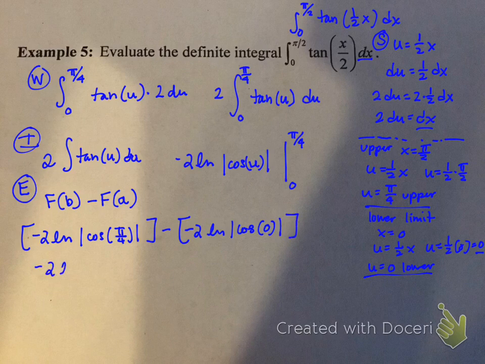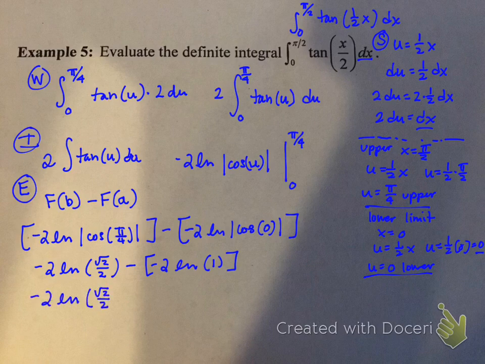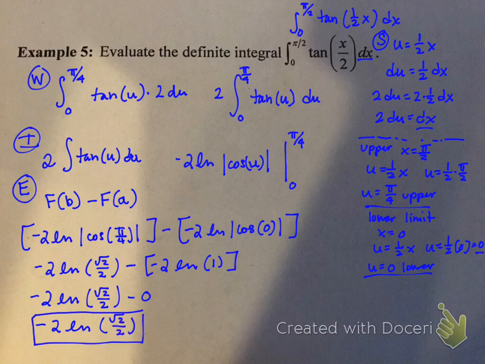This is negative 2 ln, and cosine at pi over 4 is radical 2 over 2. Then we subtract negative 2 times ln of cosine at 0. Cosine at 0 is 1, and ln of 1, remember, equals 0. So I get negative 2 ln of radical 2 over 2 minus 0. So we have negative 2 ln of radical 2 over 2 as my answer. Okay, and that's it.